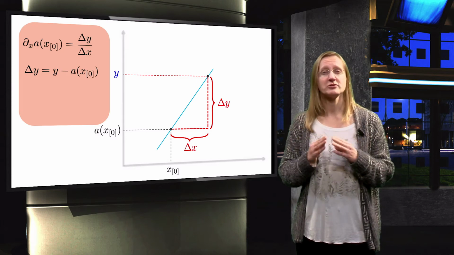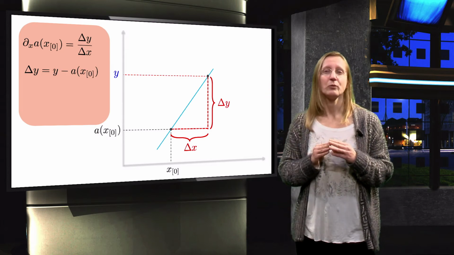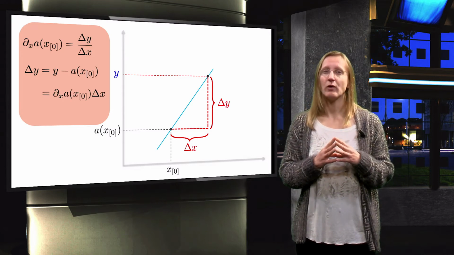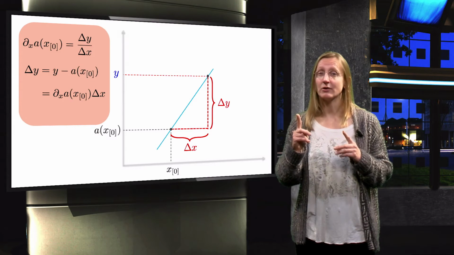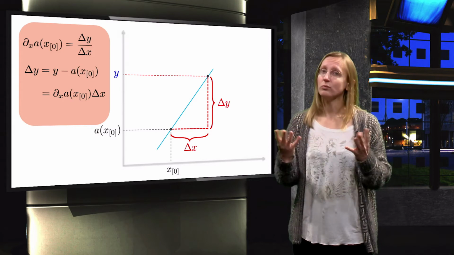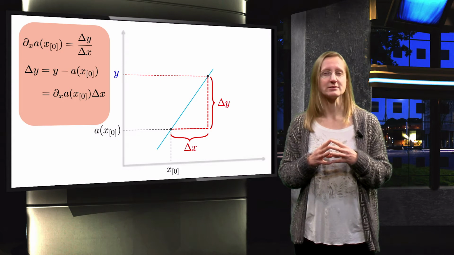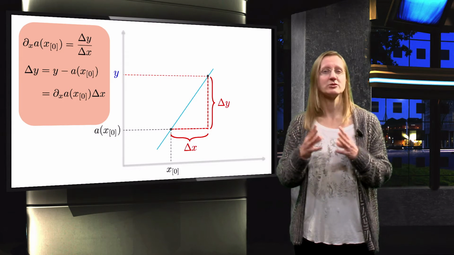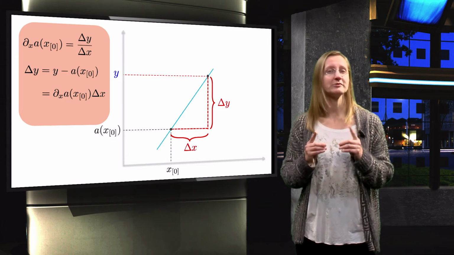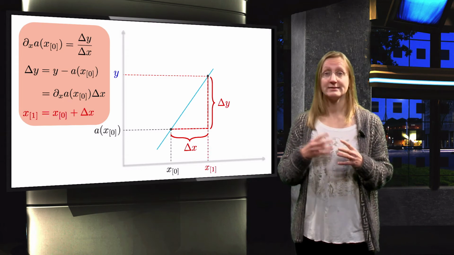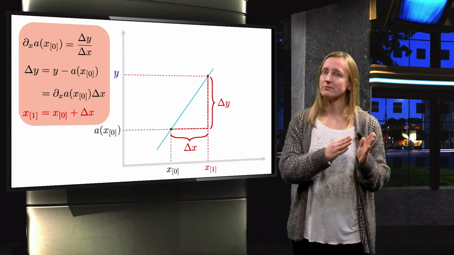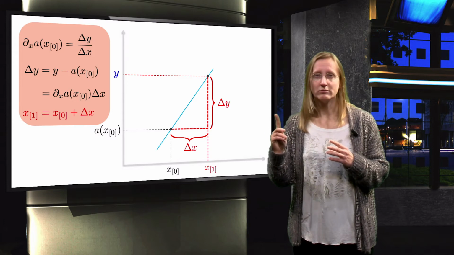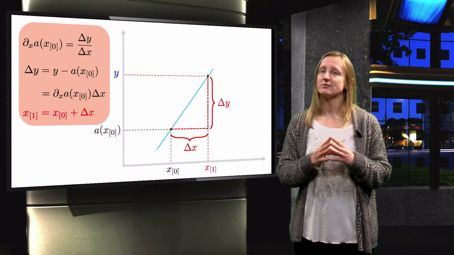If we use this result in the top equation, we get this result. We now have that delta y is a linear function of delta x. So we can easily calculate delta x. And what does that give us finally? Well, it's a new approximation for x called x1. It's equal to our initial guess x0 plus delta x. And this x1 could be our estimate of x.